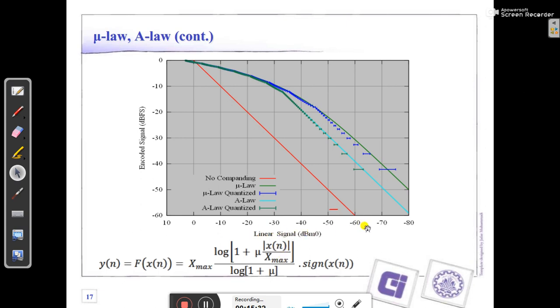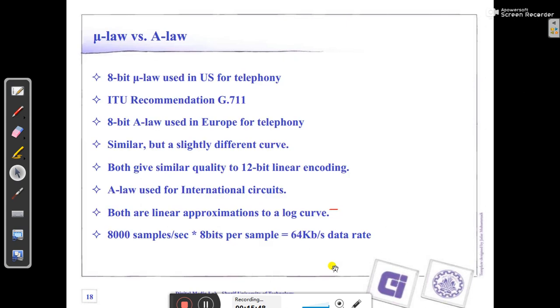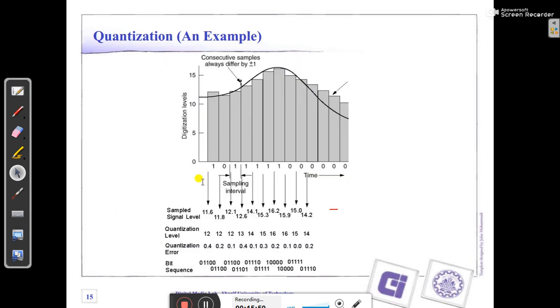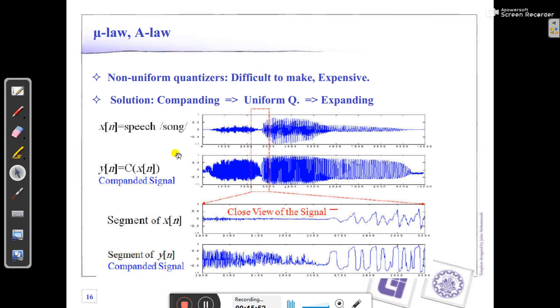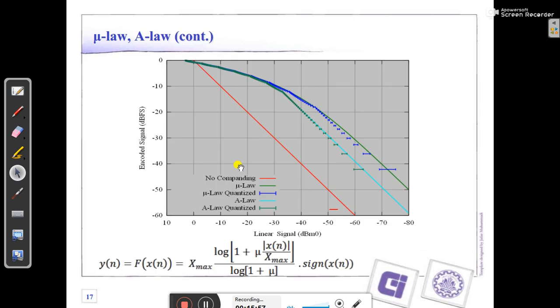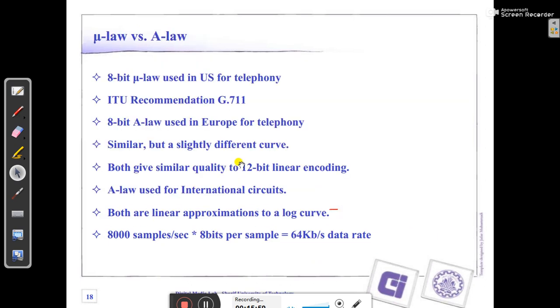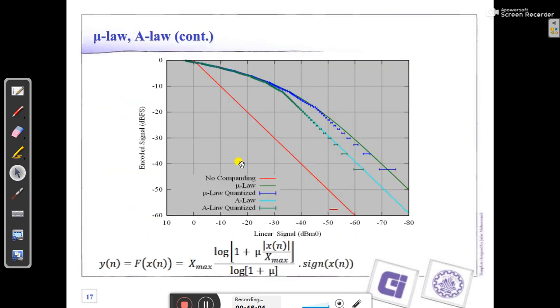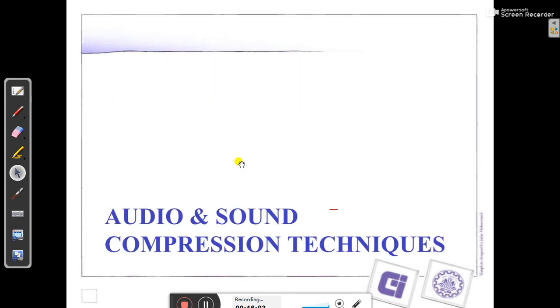This is a linear signal with decimal values and an encoded signal with decimal values. The formula is x max times log of 1 plus mu times the magnitude of x(n) over x max, divided by log of 1 plus mu, times the sign of x(n). This is the part that is used to create non-uniform quantizers. This is not so important in your case, but try to go through this for more understanding.